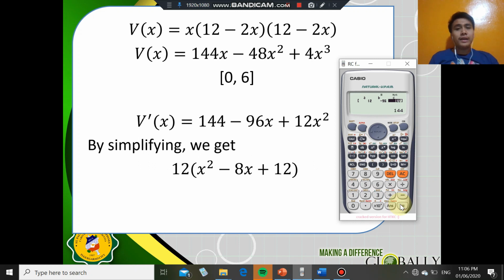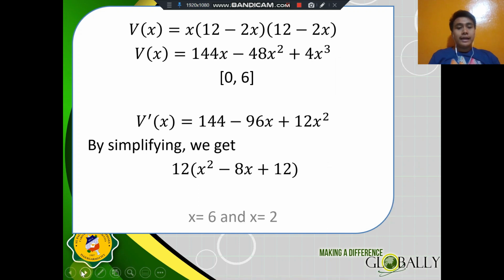We are just following the order of the exponent, where the highest exponent comes first before the lowest. This gives us the values of x. The first x is 6 and the second x is 2. These are our critical values, 6 and 2.